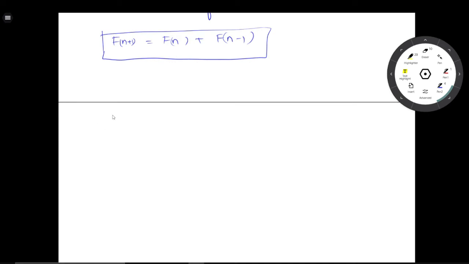Suppose we have a function like the Fibonacci number, f(n+1), that is equal to a matrix M times f(n). When we multiply the nth term of the function by the matrix, we get the (n+1)th term.